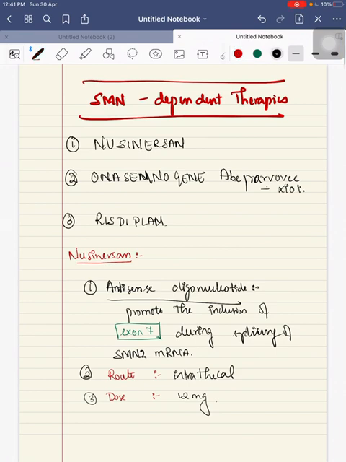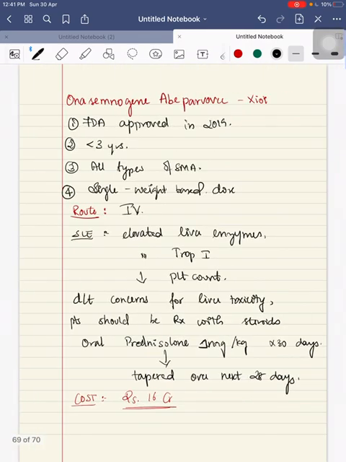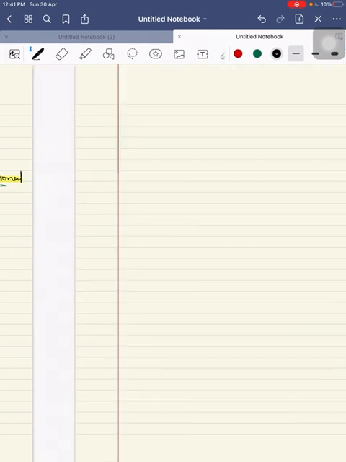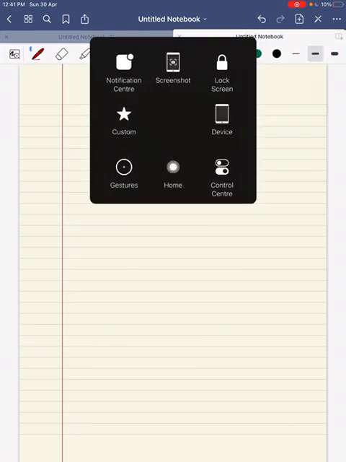So this is about Risperidone. These are the SMN dependent therapies: one is nusinersen, next is onasemnogene Abbvie, next is Risperidone. Next we will see about the SMN independent therapies.